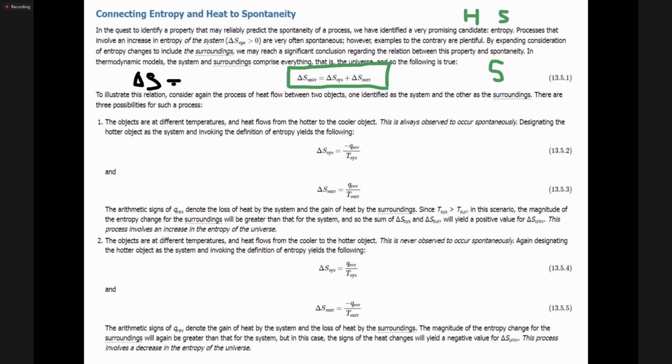Because if we are providing heat to the system, the randomness will increase. So there is a very significant connection between Q and delta S, but they are actually not equal. Delta S is not equal to Q. It is obvious that Q has a very good randomizing influence on delta S, that is, the entropy.